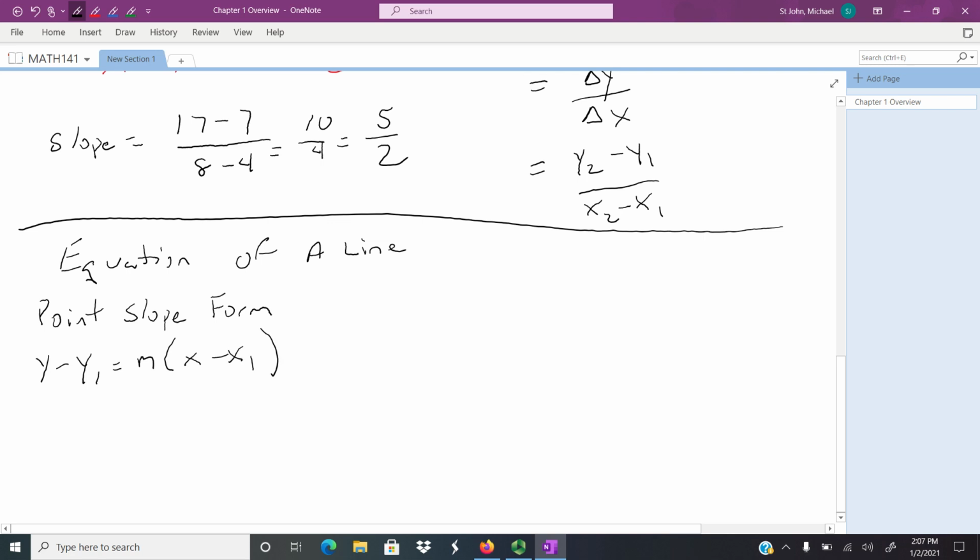When the equation is in this form, m represents the slope, and x1, y1 is the point on the line.